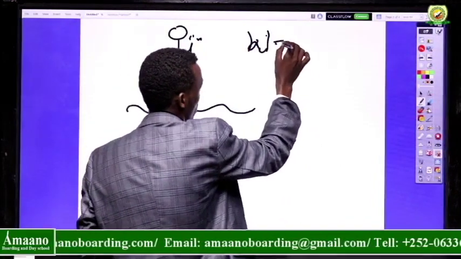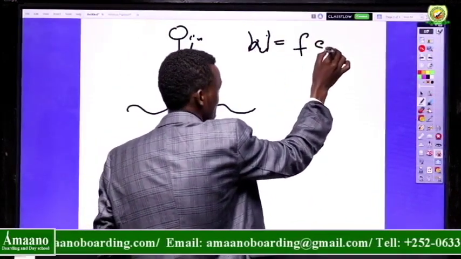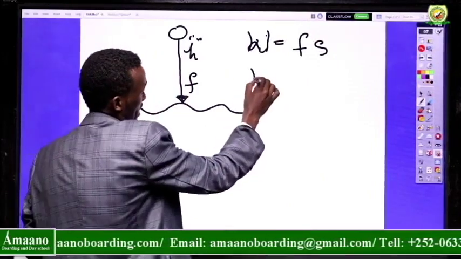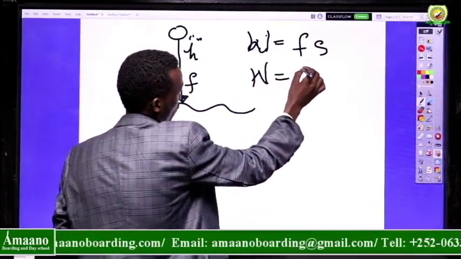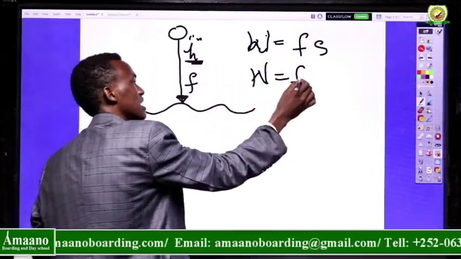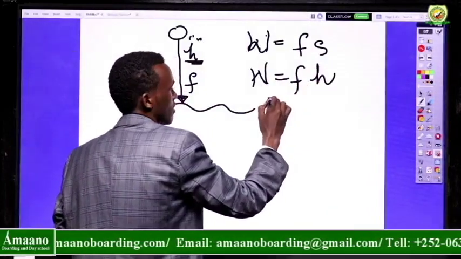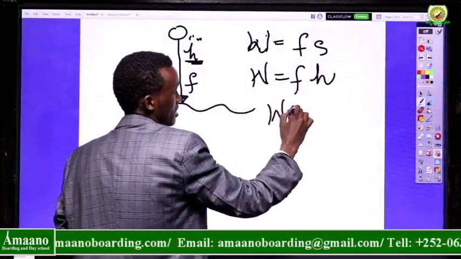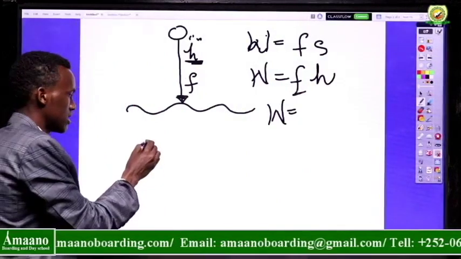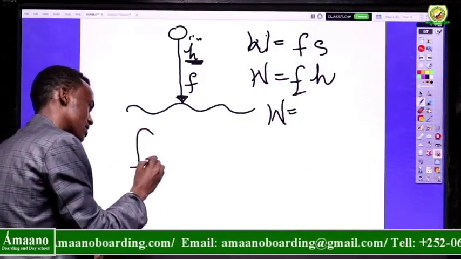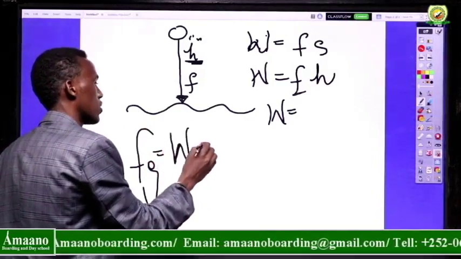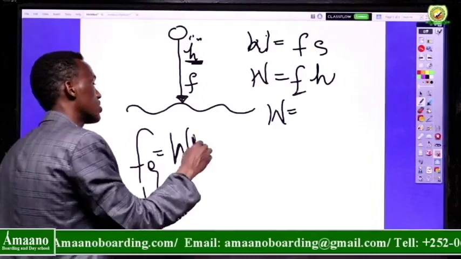Work done is equal to force times distance. Now, distance is the height. This force is the force of gravity, and the force of gravity is equal to the weight of the body.